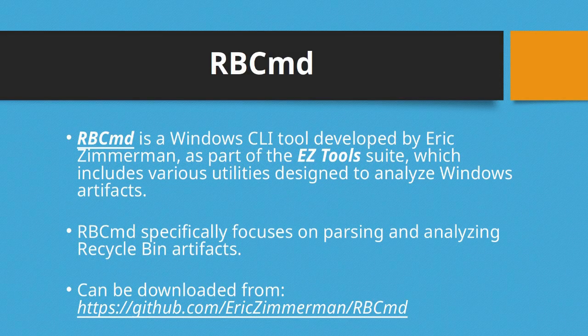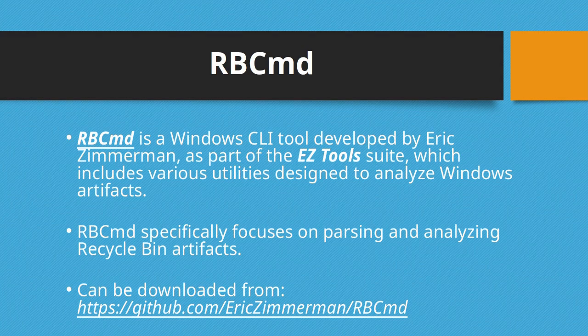Now we cover another tool to parse and analyze recycle bin artifacts, which is called RBCmd. It's a Windows command line tool that is part of the EZ-Tools suite, developed by Eric Zimmerman, that includes various utilities to analyze several types of Windows artifacts.